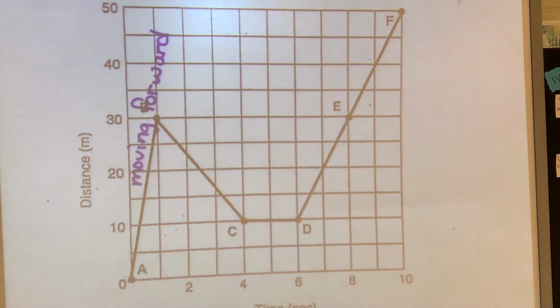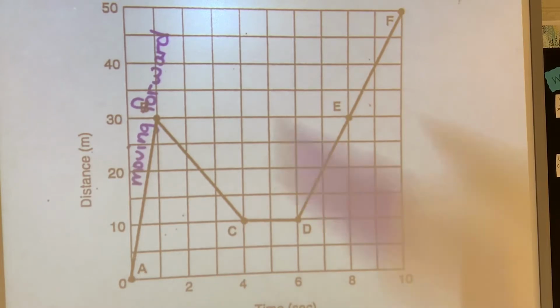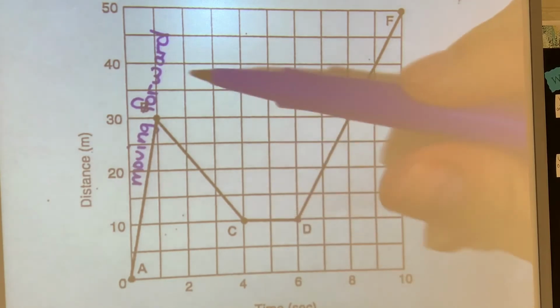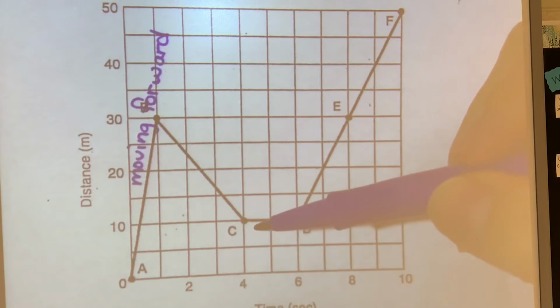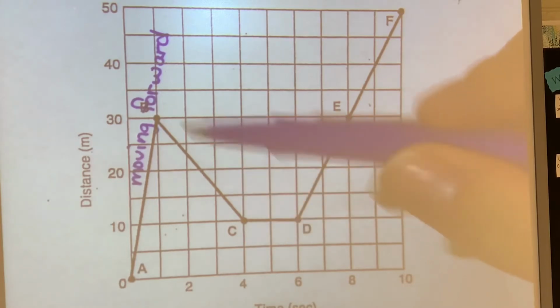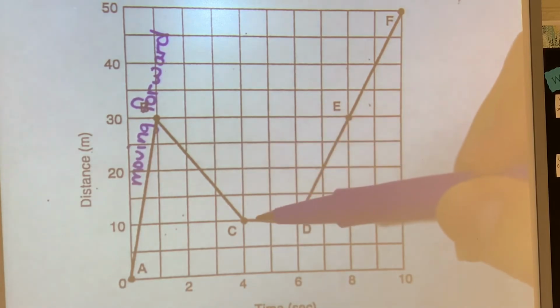To get to my place. Well, then at 1 second, I kind of just was like, uh-oh. I go from 30 down to 10. So I have to stop and think. Over the next 3 seconds, something happened. I didn't slow down. When I'm looking at it, my distance went down.